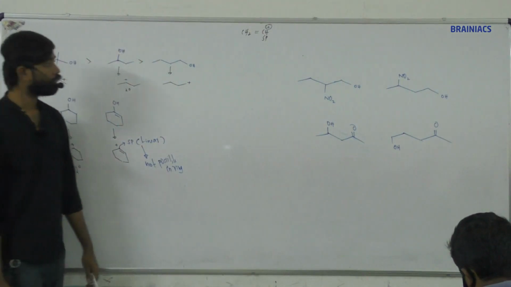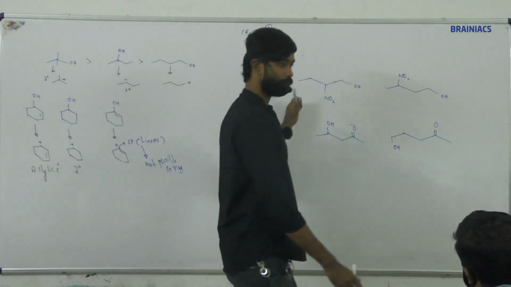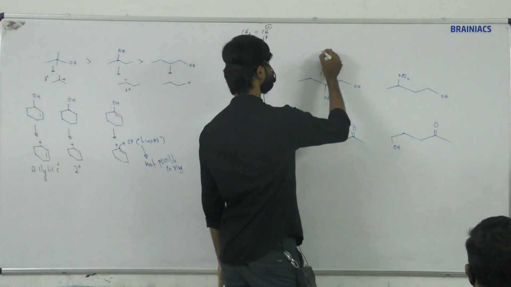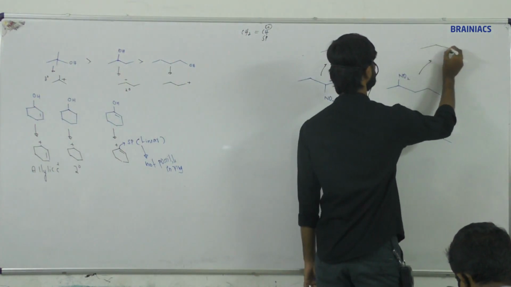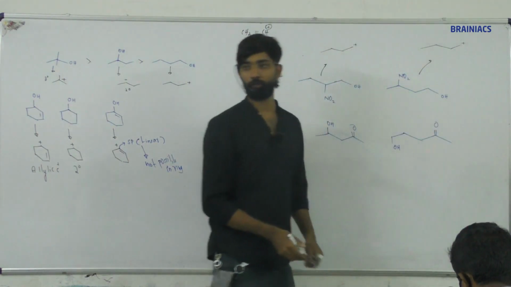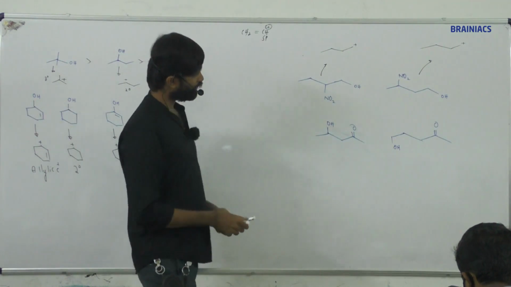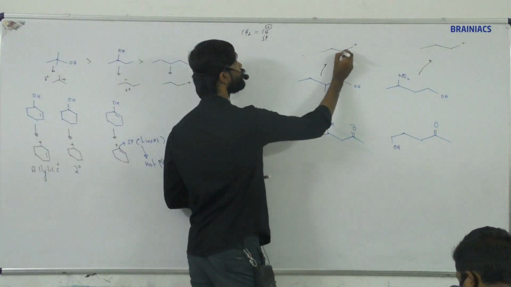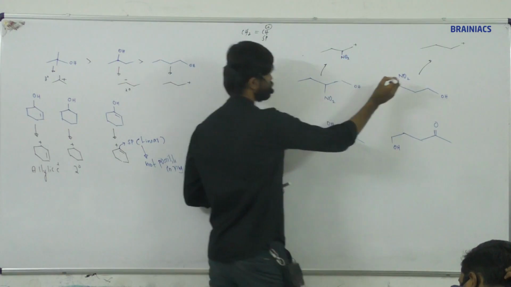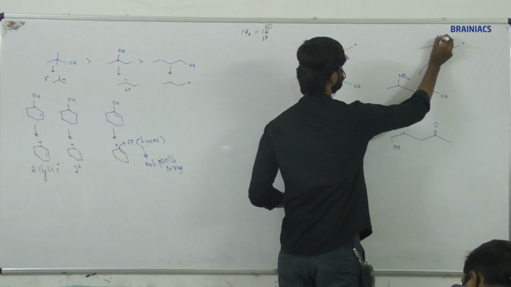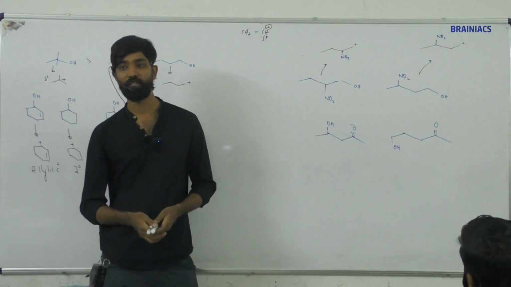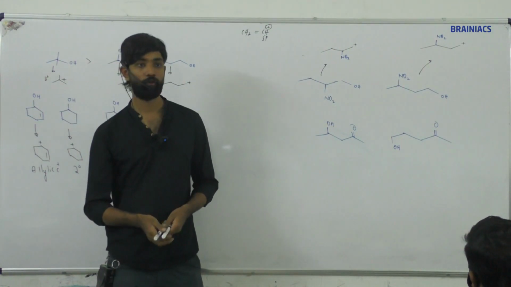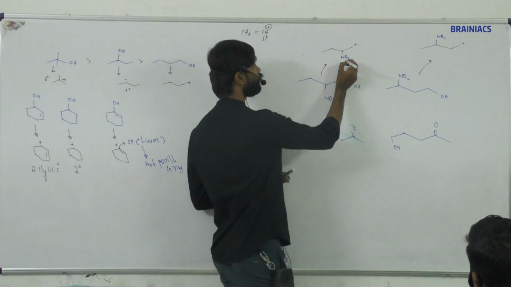Okay, what about this one? Both are primary carbocations, right? The difference in stability is due to the presence of NO2. You know NO2 is an electron withdrawing group.